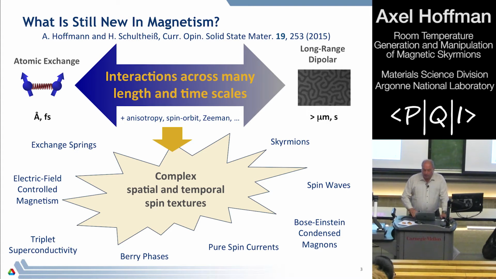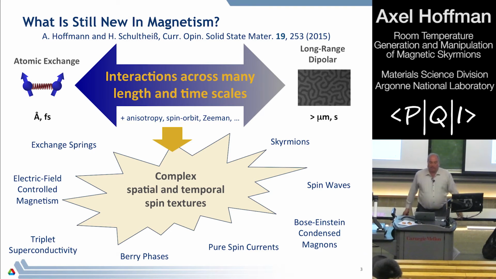And then at the same time, in many magnetic systems, you have lots of other additional interactions due to anisotropies. If you look at crystalline materials, you can have spin-orbit interaction that couples magnetism to how electrons move in materials. You can have Zeeman interactions, which is the interaction with external magnetic fields.